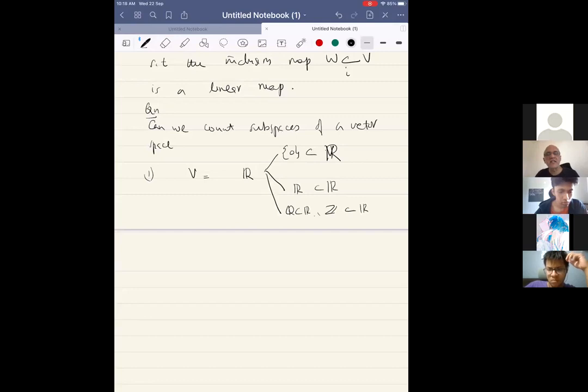Soham Chatterjee said Q, somebody said integers, and all even integers has been suggested. Somebody said the congruence modulo class, Z mod NZ.